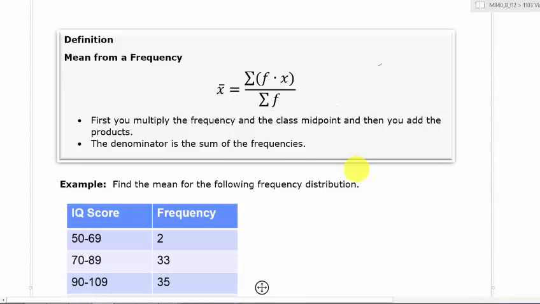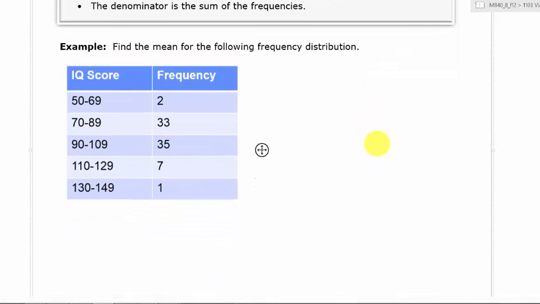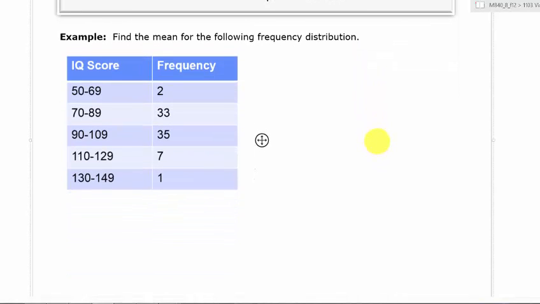So let's take a look at an example. Here we have a frequency distribution for IQ scores. And so the very first thing that we need to do is find our class midpoint. So the class midpoint is what we're going to be using for our value x when we're looking at a frequency distribution.